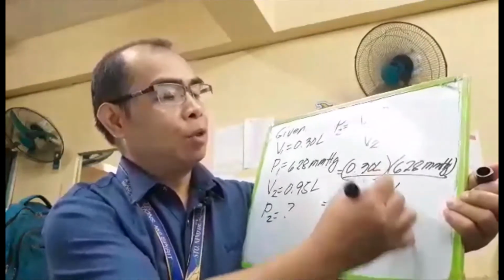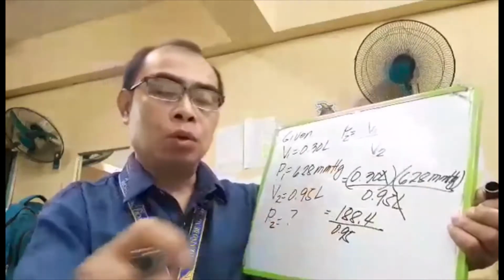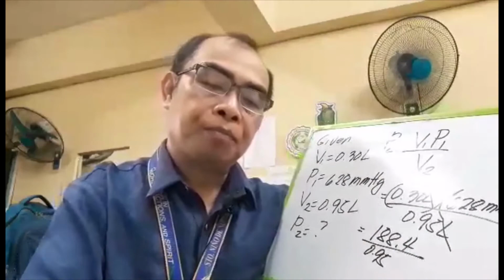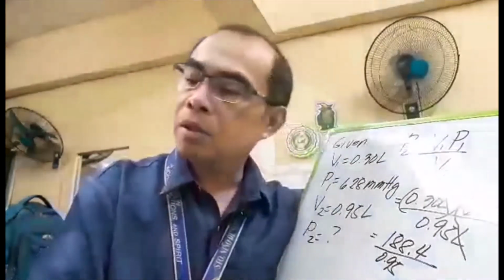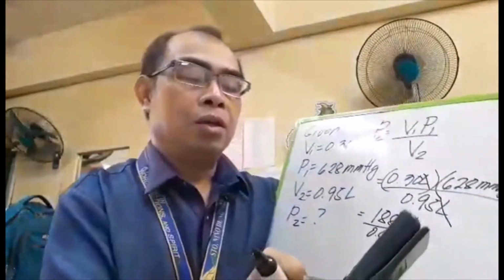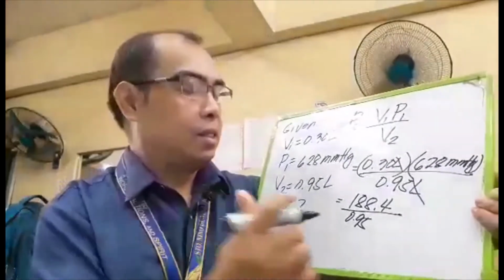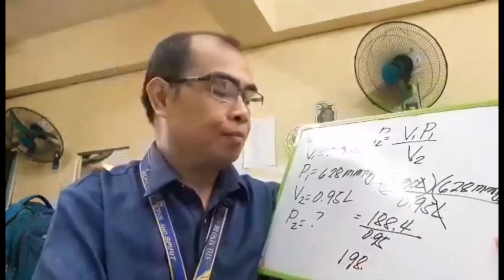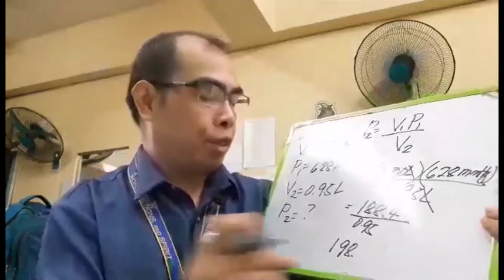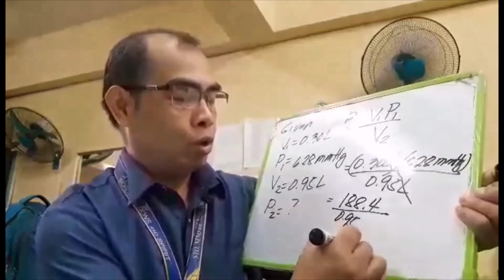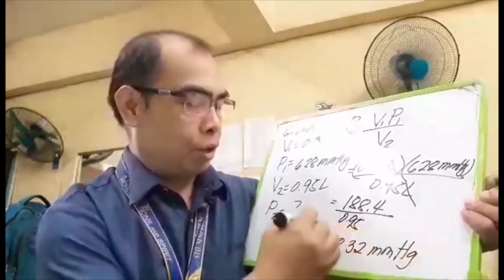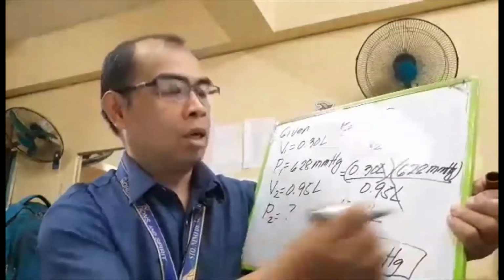Cancel na po natin yung liters. So our answer is 198.32 millimeters of mercury.